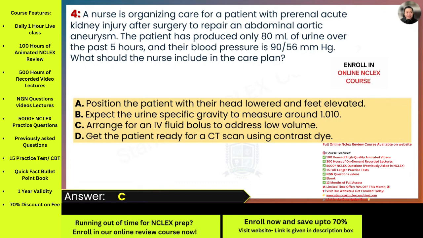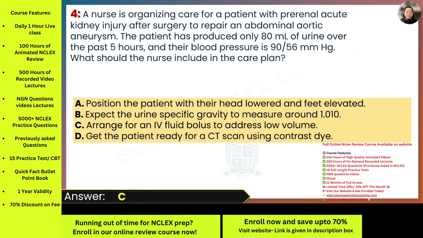And take note that in pre-renal acute kidney injury, the kidneys are still working, but they're not getting enough blood and oxygen because of low blood volume or low blood pressure. And so the main treatment in this case is to restore the circulating volume by giving an IV bolus.